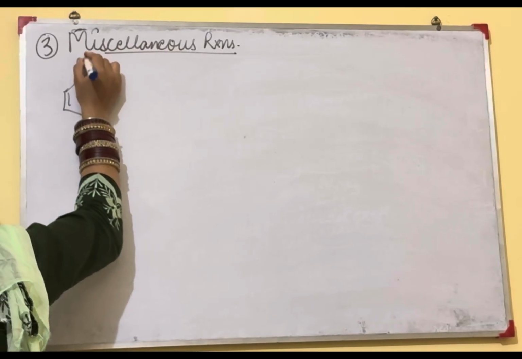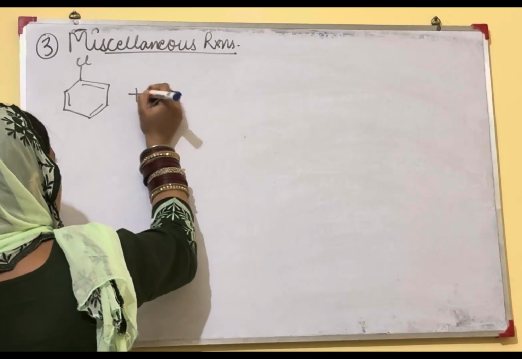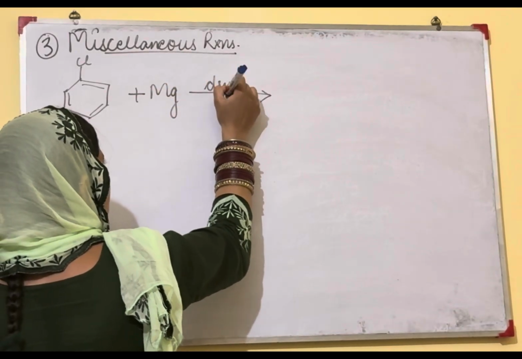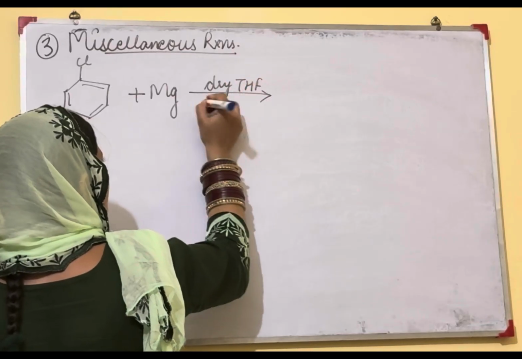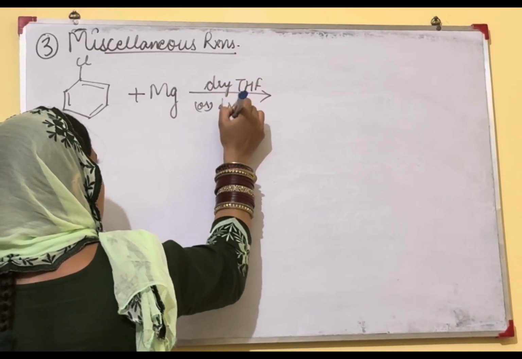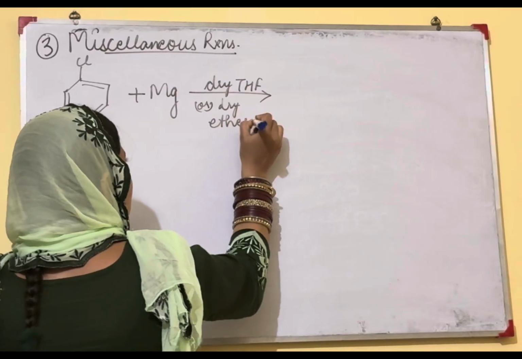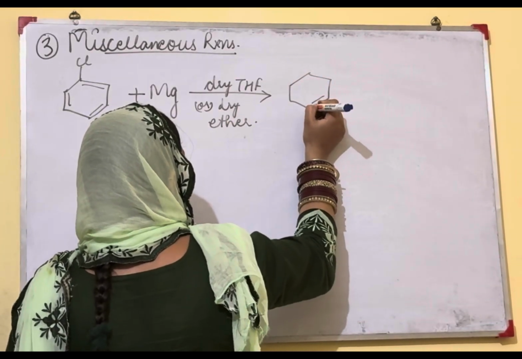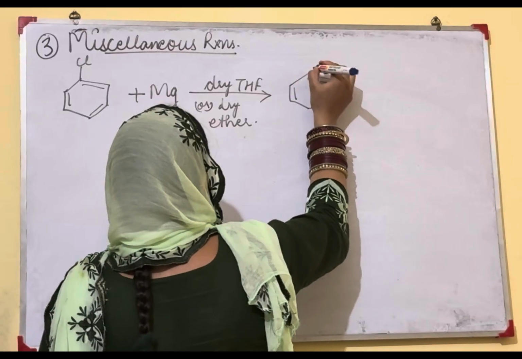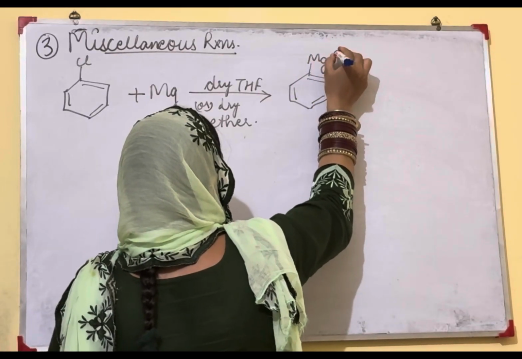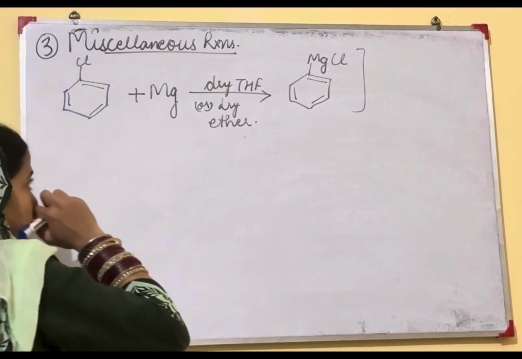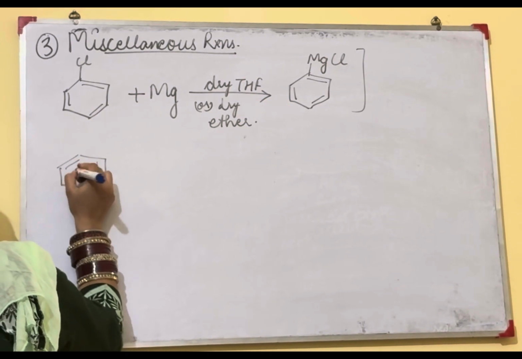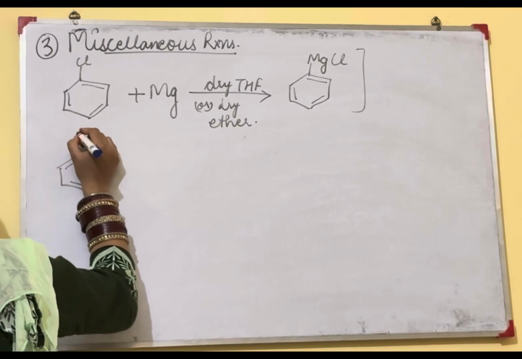If we react this haloarene with magnesium metal in the presence of dry THF or dry ether, it will lead to the formation of Grignard reagent as we did in the haloalkane part. This is Grignard reagent.